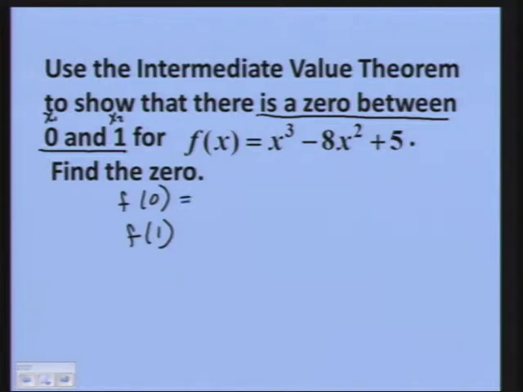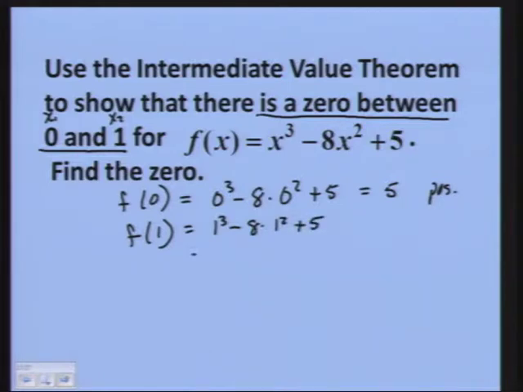So f of 0 is going to be 0 cubed minus 8 times 0 squared plus 5, which is 5. So this is positive. If I plug in 1, I get 1 cubed minus 8 times 1 squared plus 5, which is going to be 1 minus 8 plus 5, which is negative 8 plus 6, negative 2.